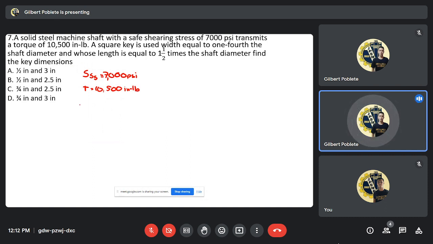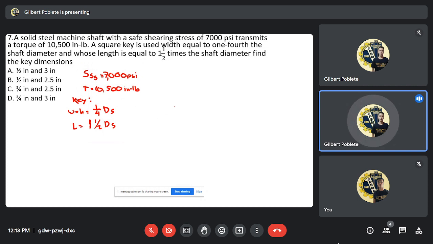So sa key naman natin, meron tayong a square key. So, meron tayong width and height is equals to 1/4 of the shaft diameter. So, 1/4 daw ng diameter ng shaft natin. So, meron tayong length. Is equal naman daw siya sa 1.5 sa shaft diameter din natin. Ito yung hahanapin natin mamaya.